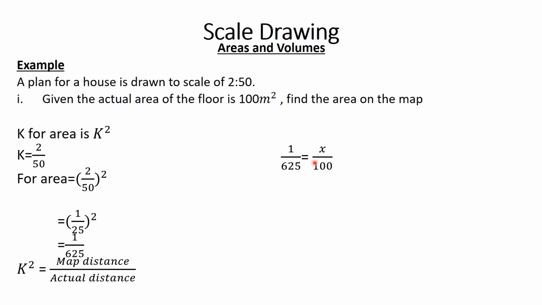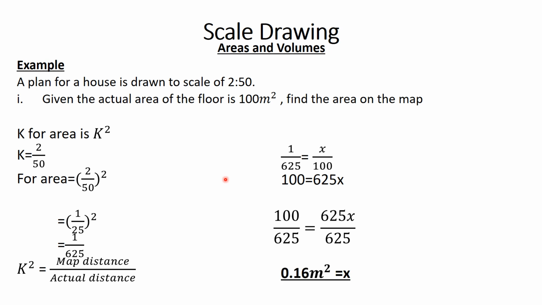When you cross multiply, we have 625x equals 1 times 100, which is 100. We divide both sides by 625, and we get 0.16 meters squared as the area.